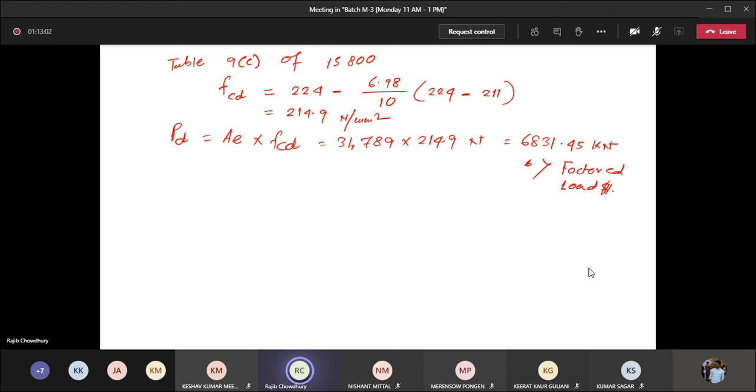Any query? So you can do, right? I'm hoping that you can now do all the design related problems of the compression member.